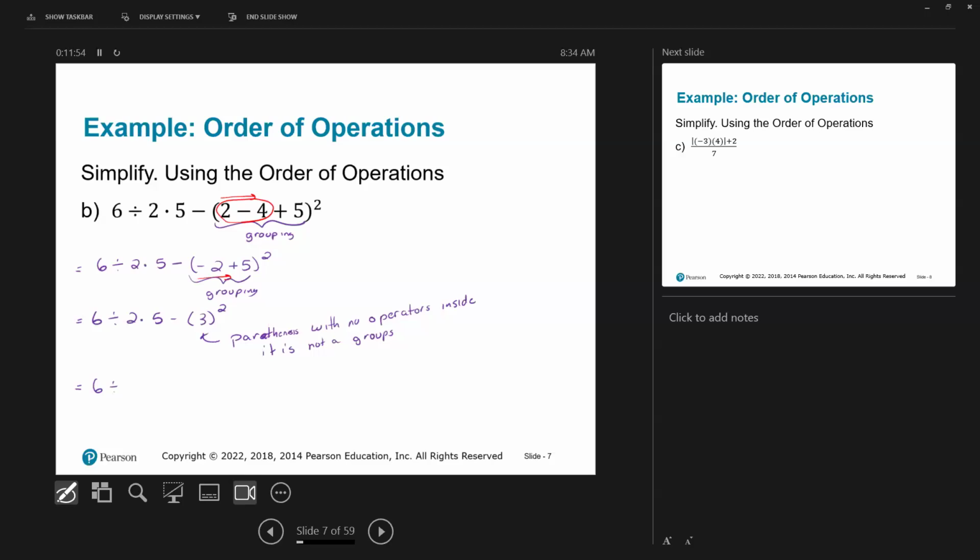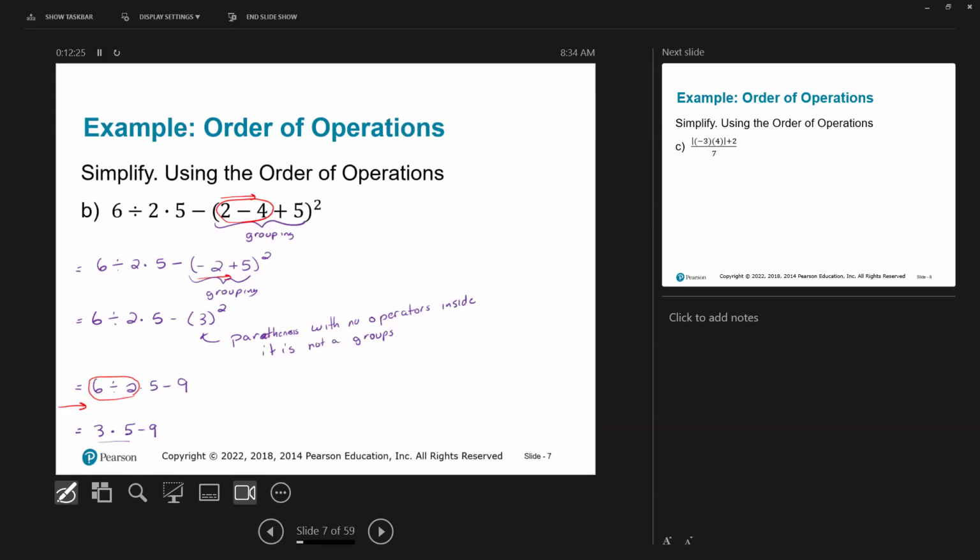So we did the groupings. Now we do the exponents. So 3 squared is going to be 9. So next, we look for multiplication going left to right. So going left to right, we're going to come across this division first. So 6 divided by 2 is going to be 3, and then we still have the times 5 minus 9.